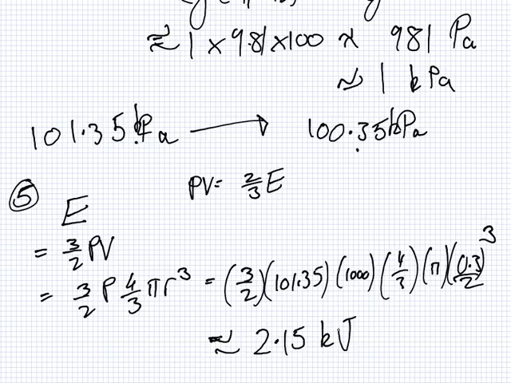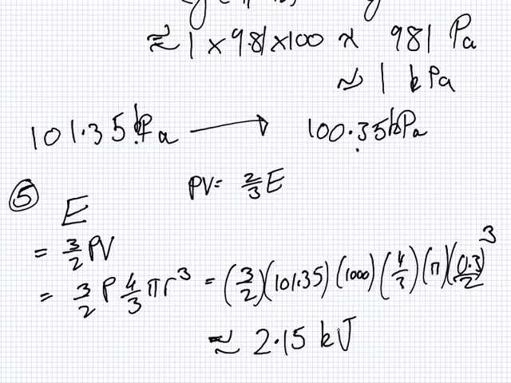You could use this to work out the number of moles, and from the number of moles you can get the number of nitrogen atoms. If you know the mass of nitrogen, which you can get from the periodic table, and you know how many nitrogen atoms you have, and you know the total kinetic energy, by dividing the total kinetic energy by the total number of atoms, you could have the energy per nitrogen atom. And if you knew the mass of the nitrogen atom, you would have the velocity. So that's something we'll have a look at later.